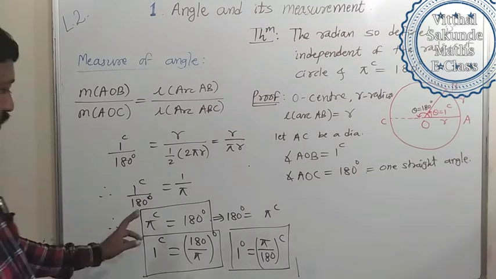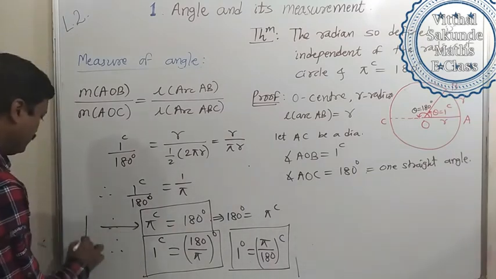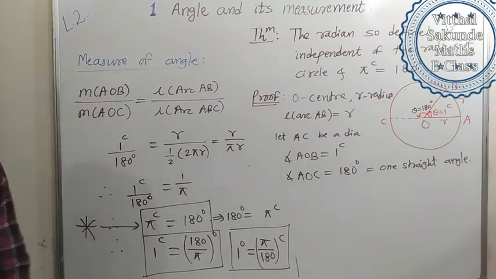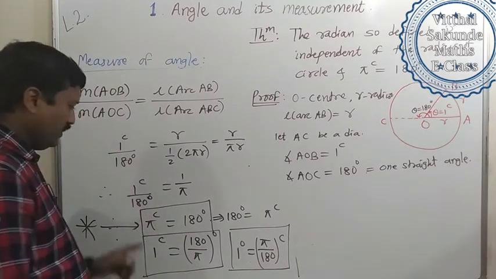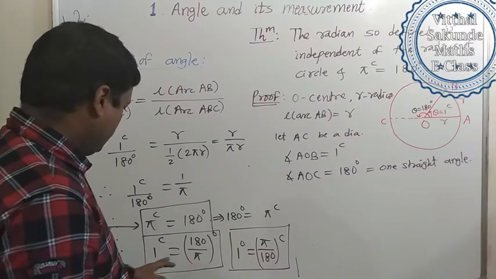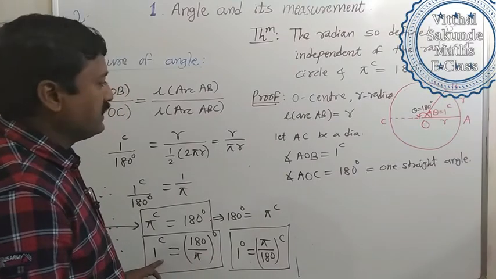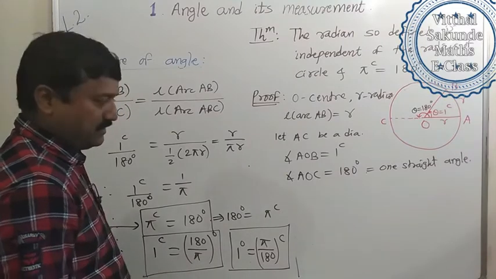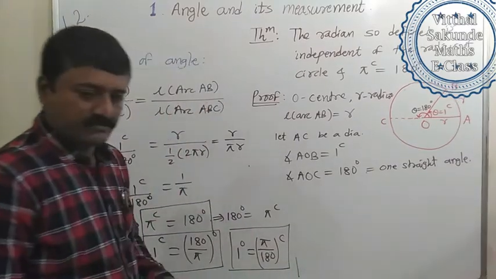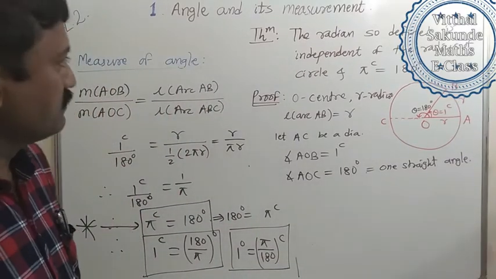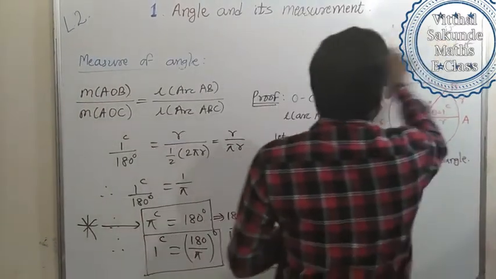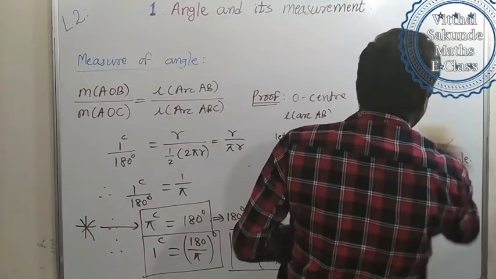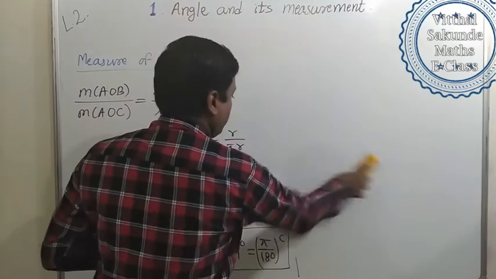So this is the very important result that you have to always remember, that 180 degree is nothing but pi radian. Now let us use some important results related to this again.